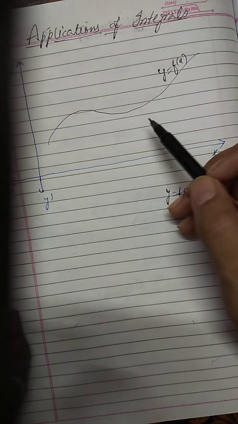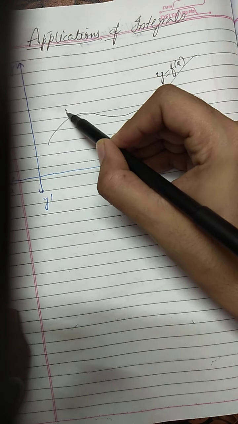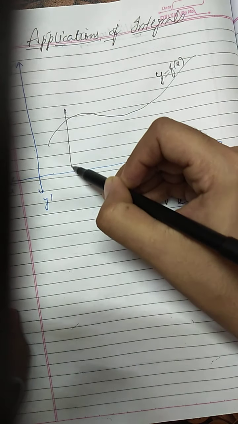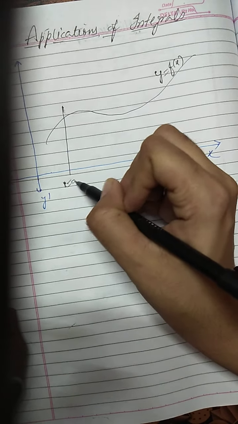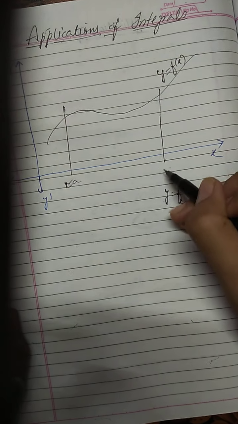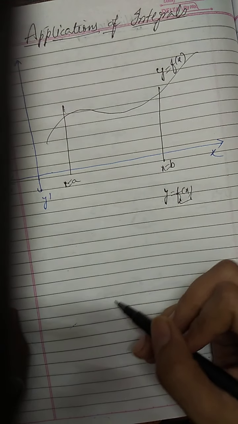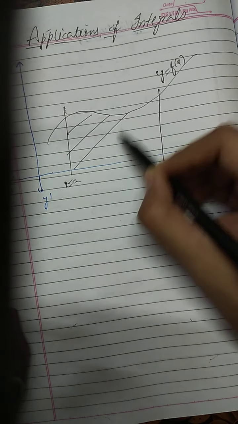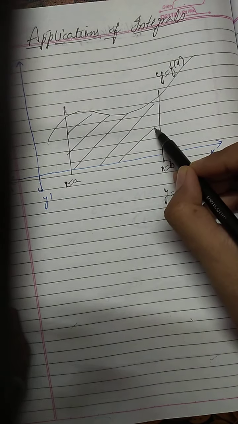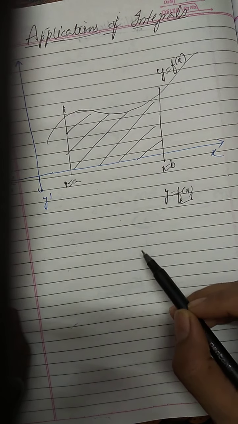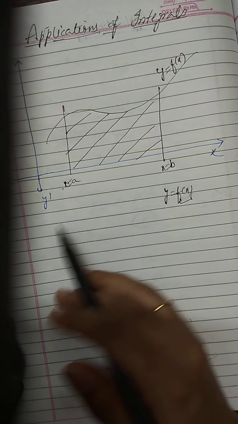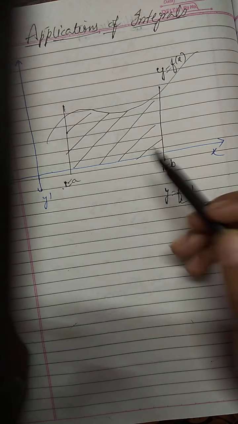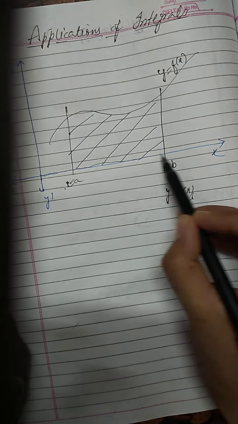Now the thing is, if I just want the area bounded by this curve between the line x equals a, and another line if I draw, x equals b, and I want to know this region, that means the region bounded by the given curve y equals f(x) between these two ordinates. What are the ordinates? x equals a and x equals b, and definitely it is bounded by the x-axis also.